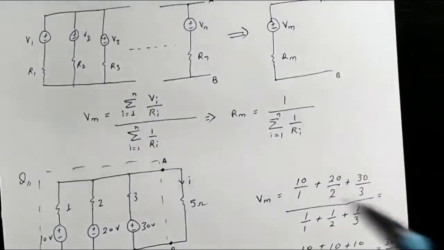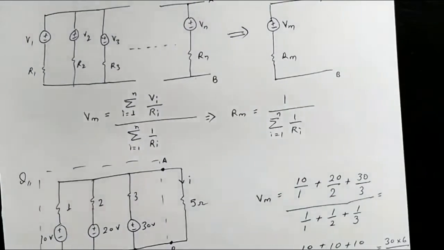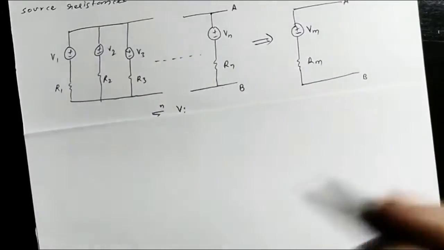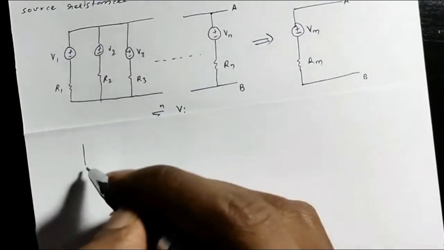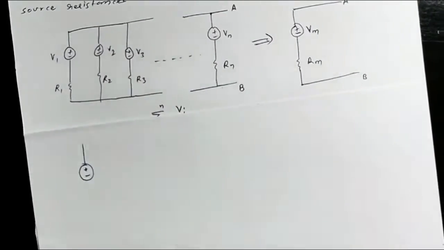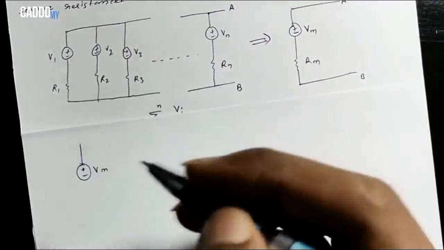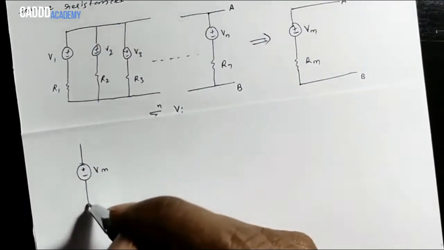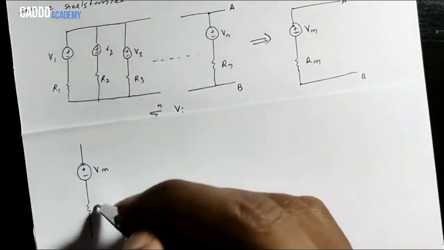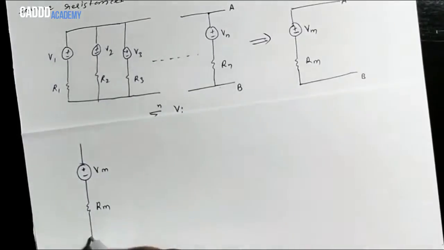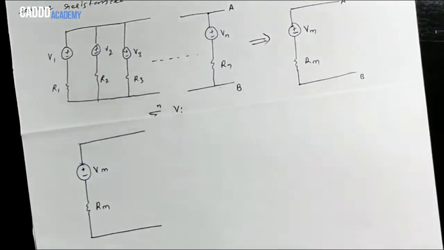Now we have got the value of Vm and Rm. Now we can draw a circuit like this, and we can solve the problem. We have a simplified circuit like this one.